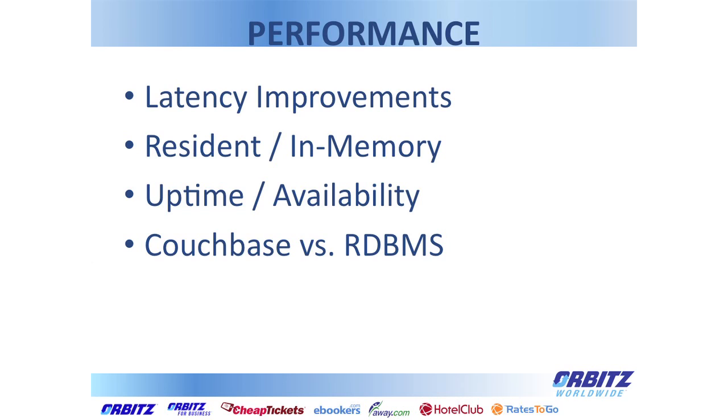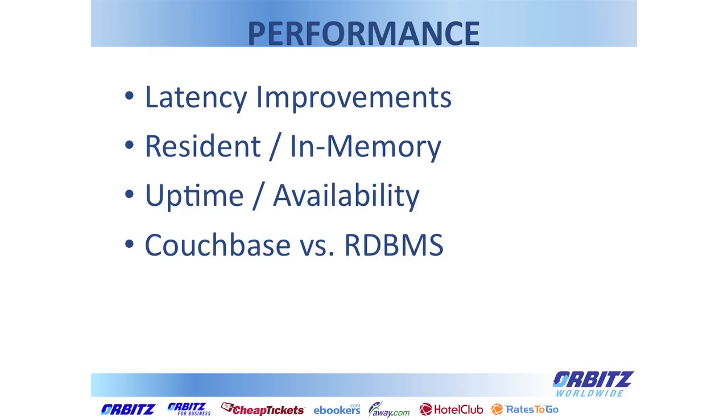So looking at performance, we've been able to increase performance on all of our caches that we've deployed so far, in the respective latency. I'll show some graphs in a little bit that show what happened from the point of switching over between two different caches.